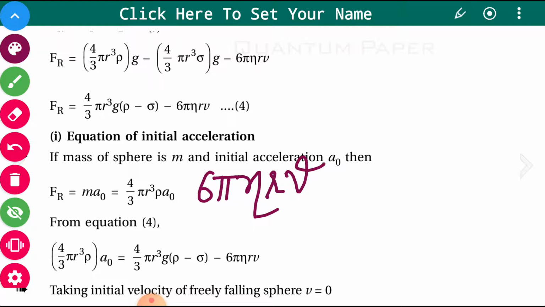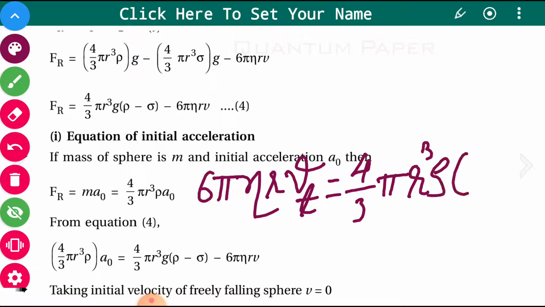When the forces are in equilibrium, the velocity is the terminal velocity, denoted by vt. So 6 pi eta r vt is equal to 4 by 3 pi r cube g into (rho minus sigma).